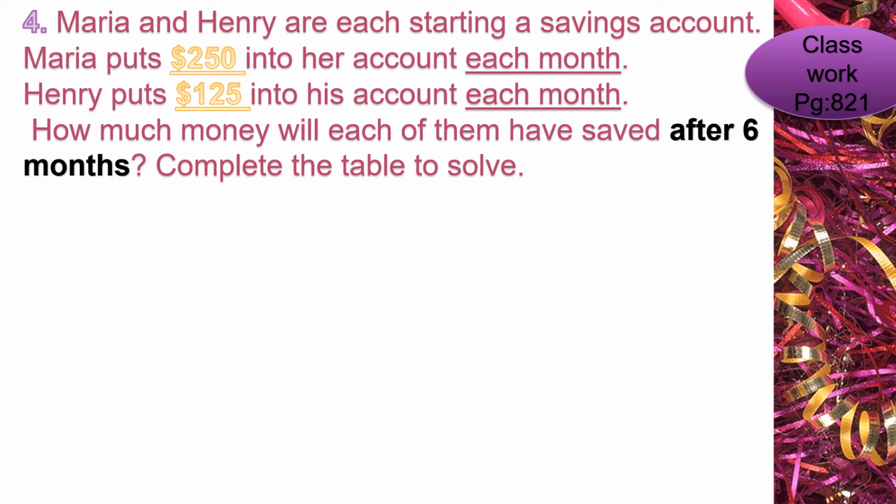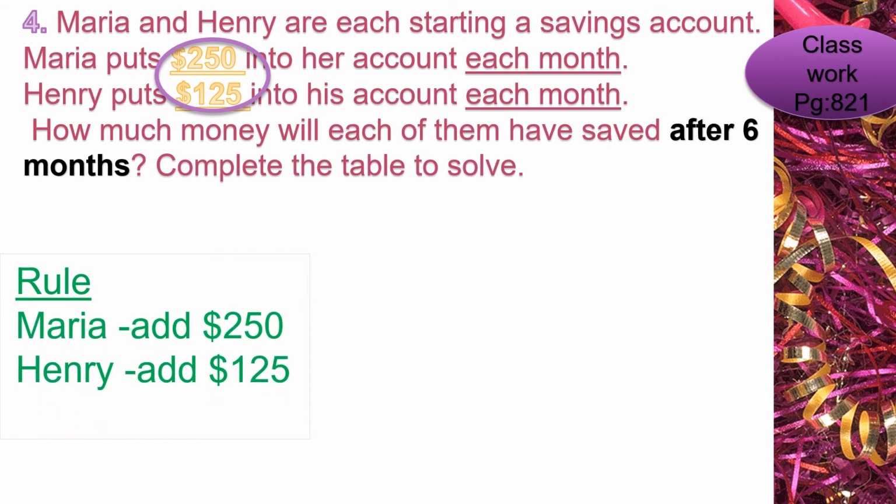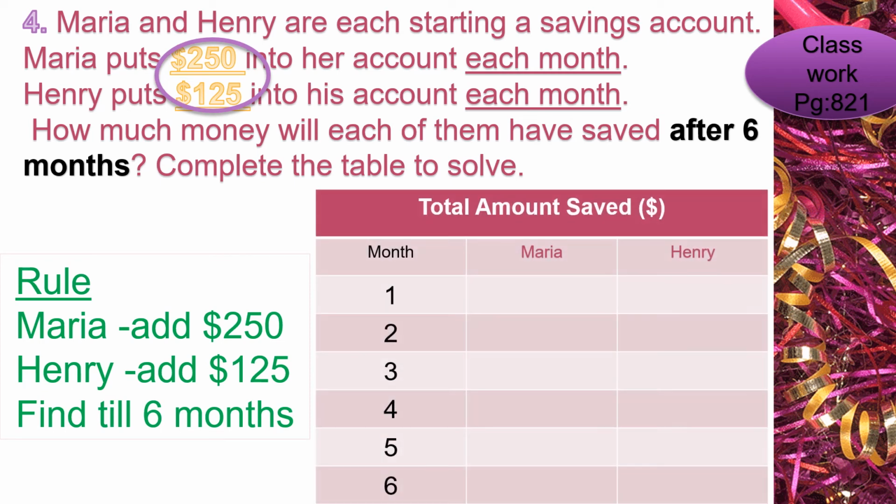Complete the table to solve. If we look at this question carefully, we find the rule for Maria and Henry. So for Maria, the rule is to add 250, and for Henry, the rule is to add 125. For how many months we need to find? Yes, 6 months. So now let's start with the table.